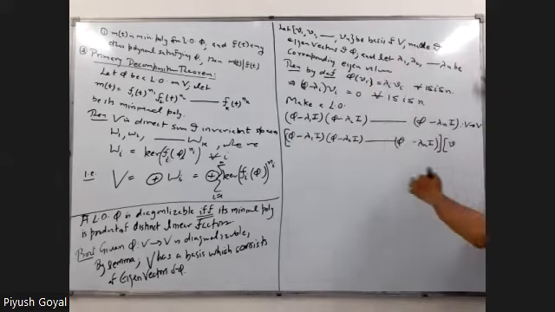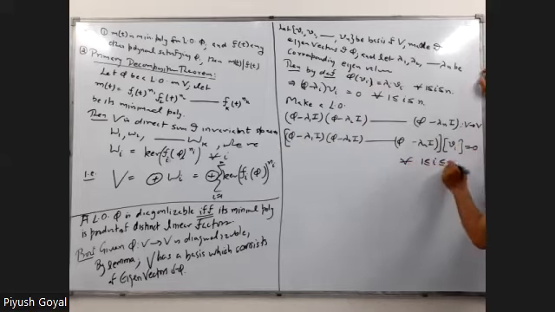So what I am saying is this operator applied to vi is equal to 0 for all i from 1 to n.